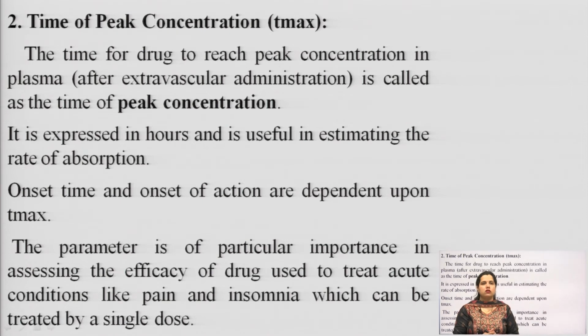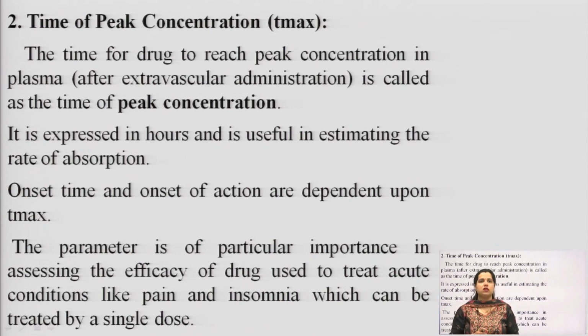Time of peak concentration, Tmax: the time for a drug to reach peak concentration in plasma after extravascular administration is called the time of peak concentration. That means, from the plasma moving to the extravascular tissues or cells, the time at which the drug peaks is known as the time of peak concentration.